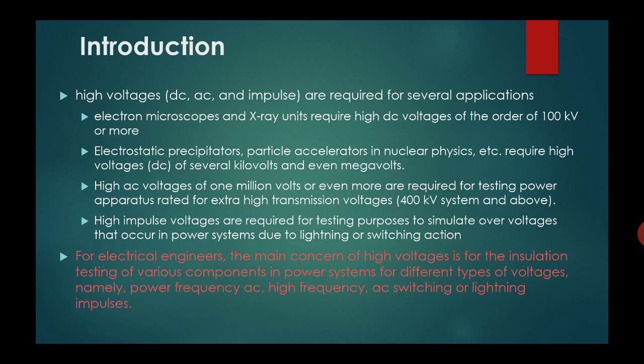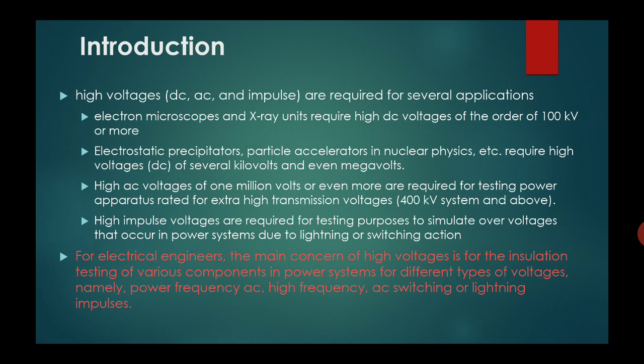In order to purify the gas, a high voltage is applied across the gas, and this high voltage will attract all the charged particles. These are called electrostatic precipitators. In order to create this high voltage, again you need the production of high voltages.